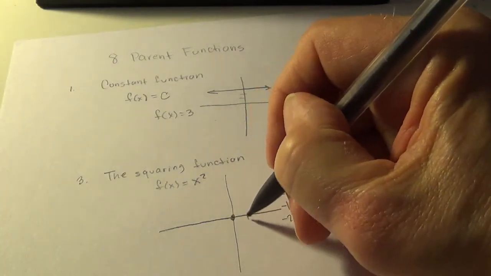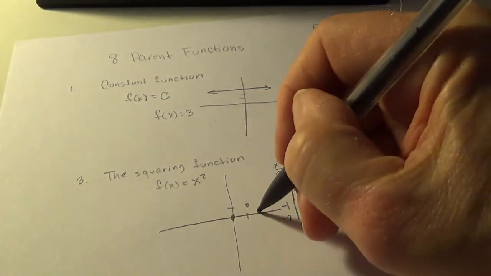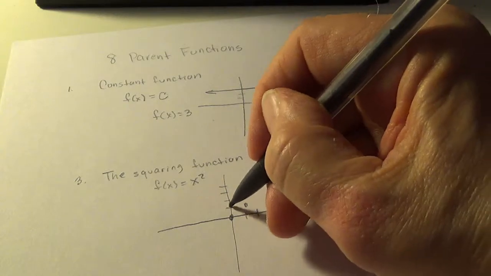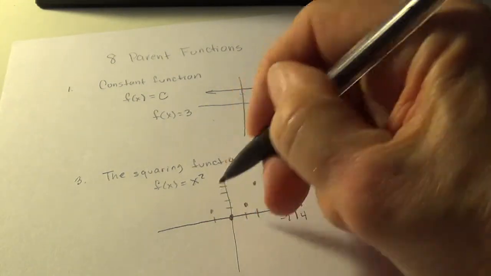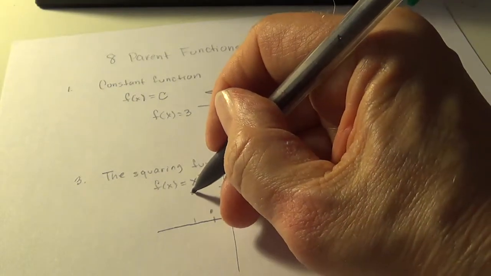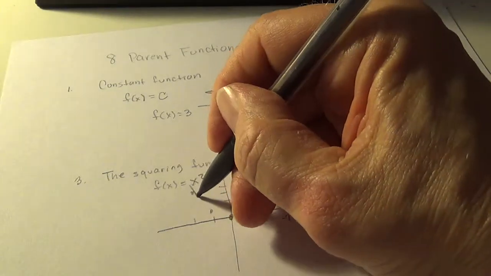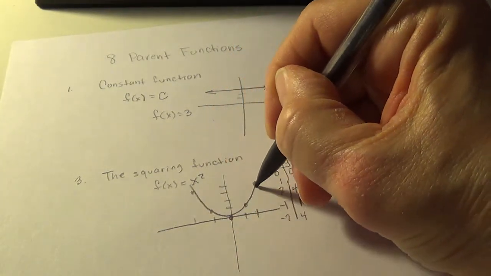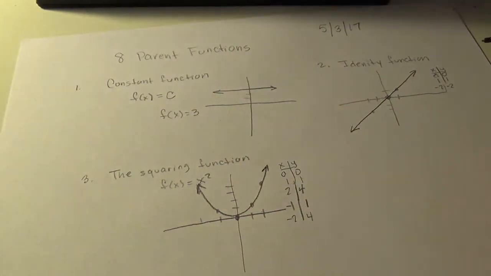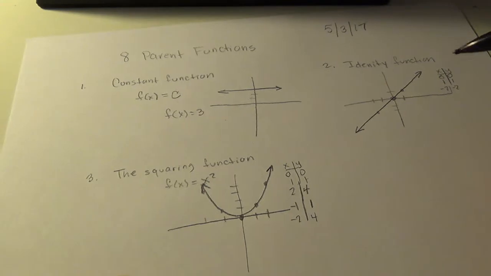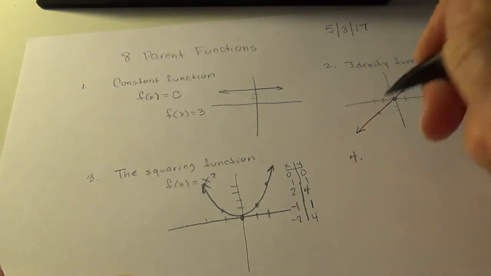So 0, 0, 1, 1, 2, 4, -1, 1, -2, 4. And it is a rounded curve like that, and it's called the squaring function. It is a smiler, smiling at you.